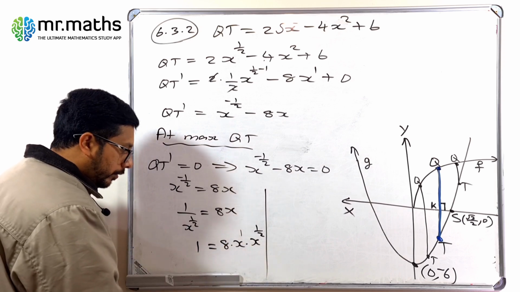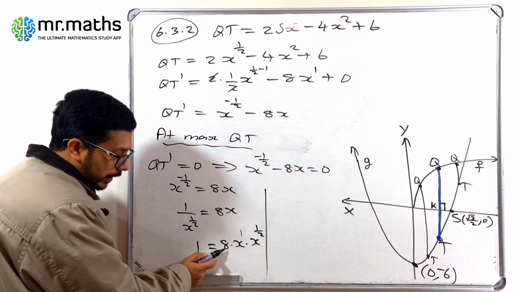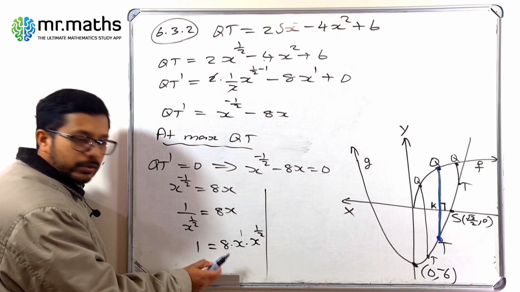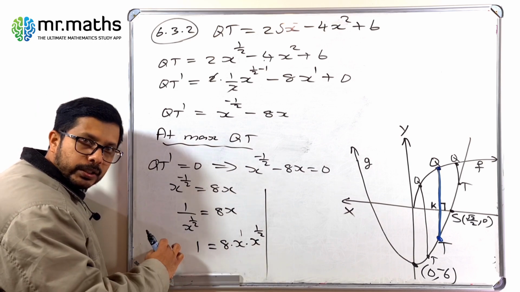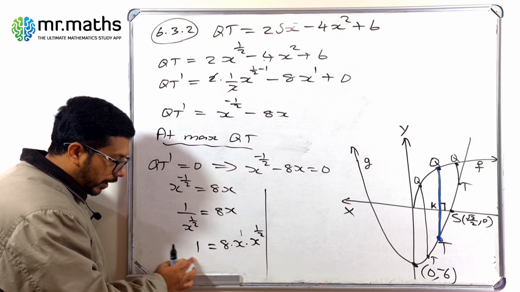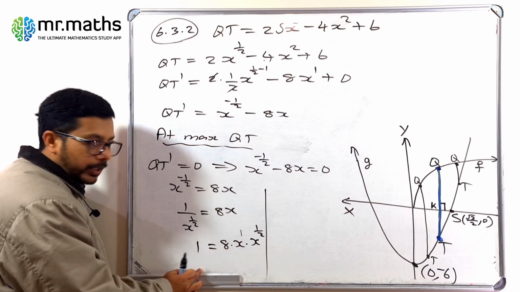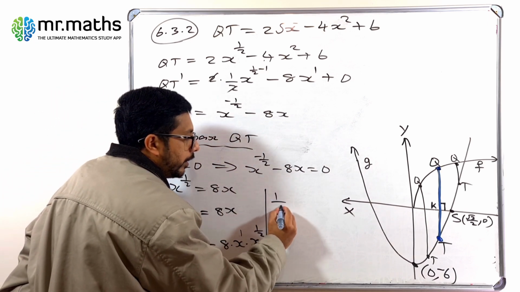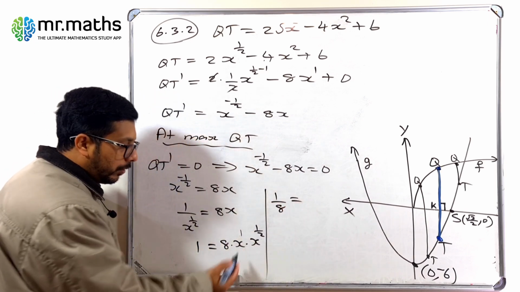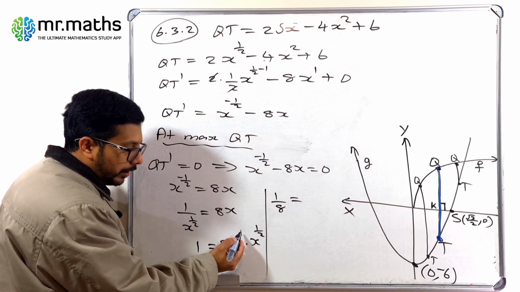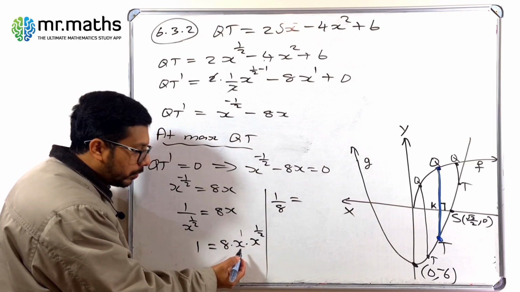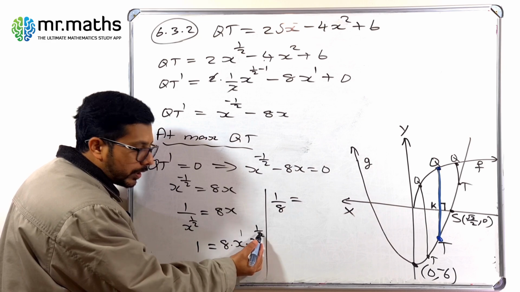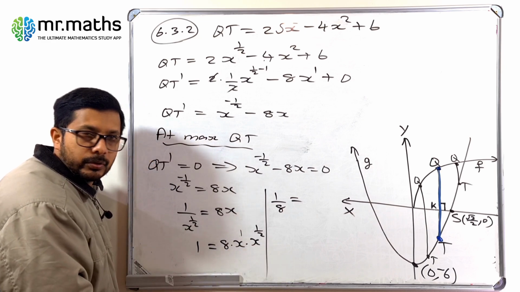Okay, so let me do one more step there. This 8 is multiplication here. So if I want to take this 8 to this side, it is division. That means 1 divided by this 8. Am I right? Okay, so 1 divided by 8 is equal to, now what is this one? You know the exponential rule, x raised to 1 plus half. You remember that one?